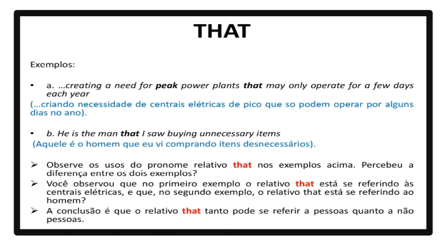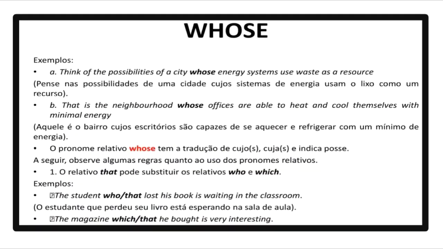And now the last one. This one is different from the others because it's going to indicate possession. Letter A, think of the possibilities of a city whose energy systems use waste as a resource. Letter B, that's the neighborhood whose offices are able to heat and cool themselves with minimal energy.